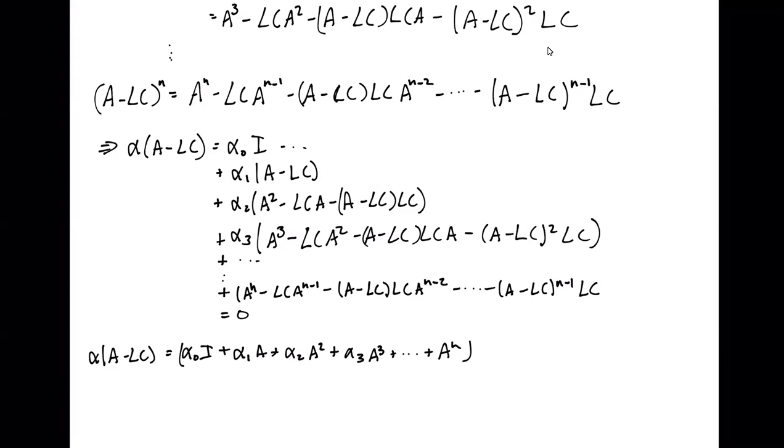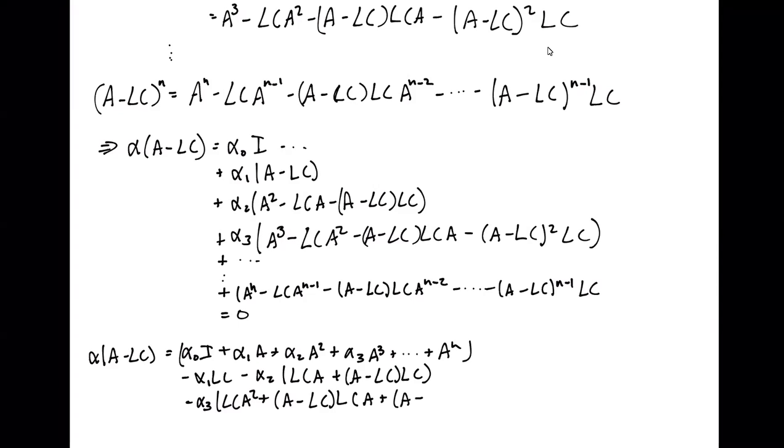So we get this guy, and then we get this quantity minus alpha 1 LC minus alpha 2 times LCA plus A minus LC LC, minus alpha 3 times LCA squared plus A minus LCA plus A minus LC squared LC, and so on, equals 0.